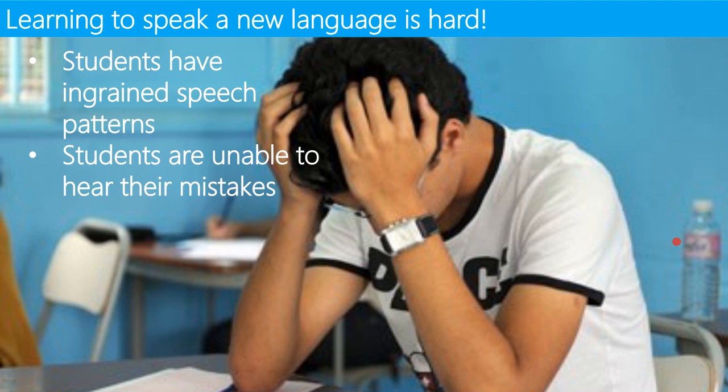Secondly, as human beings, we are unable to hear our own mistakes. So oftentimes when we feel that we are speaking something correctly, it is not really the case. We all have pronunciation problems which go completely undetected or which are completely inaudible to our own ears. And therefore, we definitely need some external help to rectify our problems.